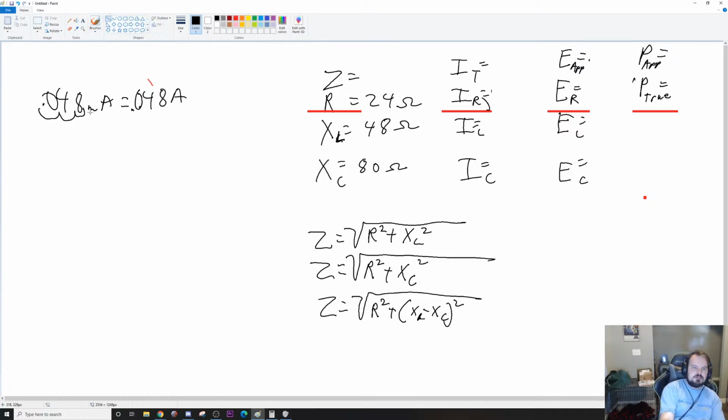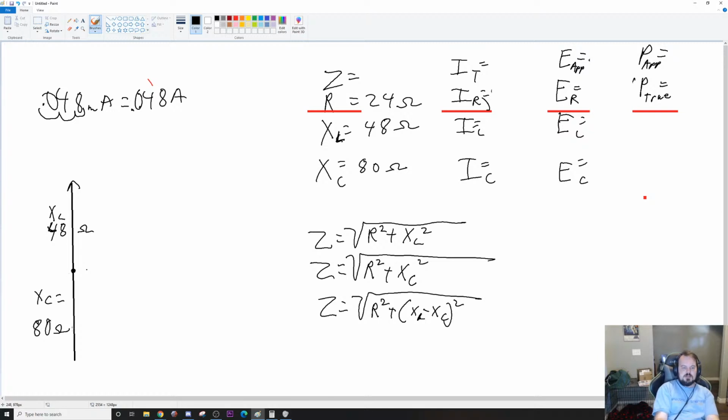They are vectors. They're going opposite each other. So this is XL, which is 48 ohms, and this will be XC, which is 80 ohms.